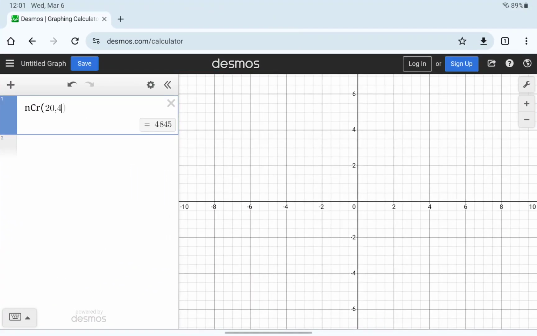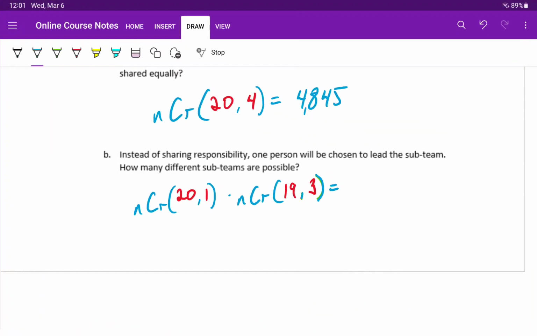To calculate this in Desmos, we'll literally just multiply another combination, where in the first one we have 20, 1, and the second one will have 19, 3, to get 19,380 possible combinations for this scenario.